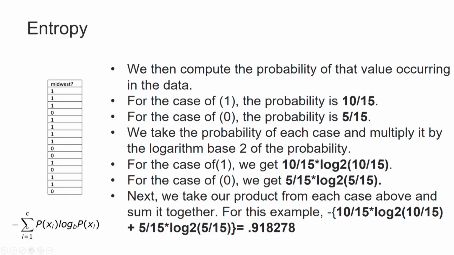The formula for entropy is minus summation of i equal to 1 to C of probability of xi times log probability of xi. What is this C? In this case C is 2, 0 and 1.